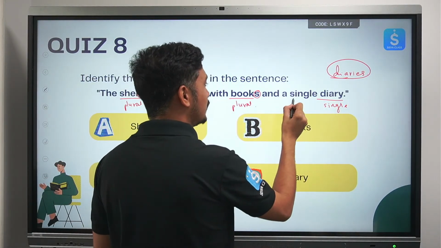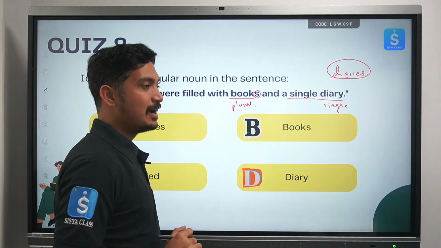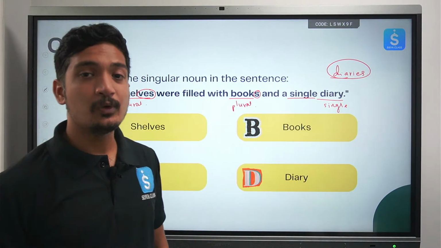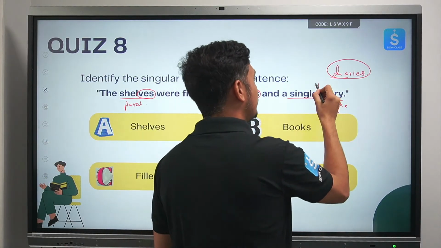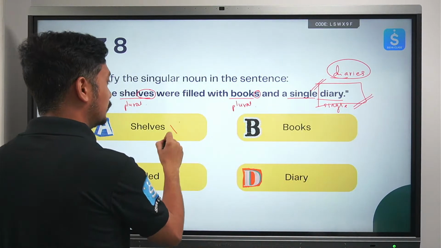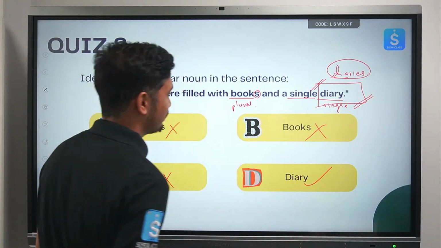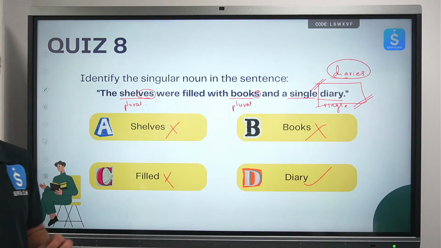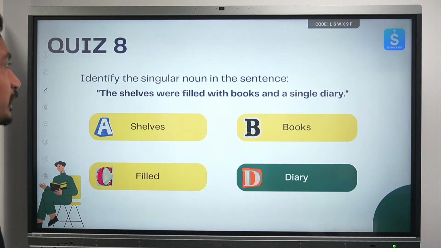And again, the word just before this is actually single. This again signifies that we are talking about only one diary, and therefore diary becomes your correct answer. So we'll see if we have any option. Shelves, no. Book, no. Filled, no. Diary, yes. Okay, so therefore option D will be the correct answer.